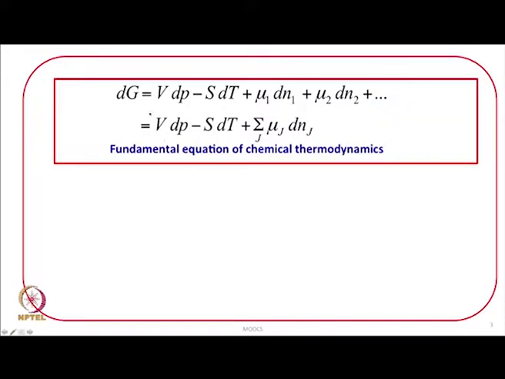We have just derived this equation dG is equal to VdP minus SdT plus summation J mu J dNJ, and this equation is also known as the fundamental equation of chemical thermodynamics, because it gives information on changes in Gibbs energy when the pressure changes, when the temperature changes, when the composition changes. And it also allows you to get information on the changes in Gibbs energy at constant pressure, at constant temperature, and when the composition only changes. The information that you need there is on chemical potential.